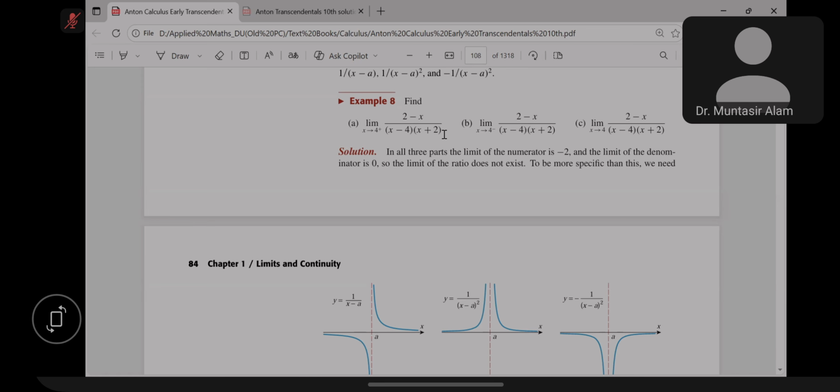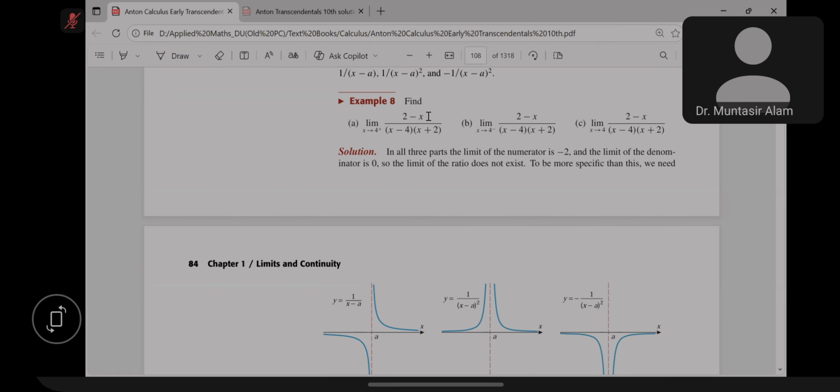But if I substitute something greater than 4 in the numerator, what should be the sign of the factor 2 minus x? Is it negative or positive? Negative. So in the denominator we are getting a plus sign, and in the numerator we are getting a minus sign.